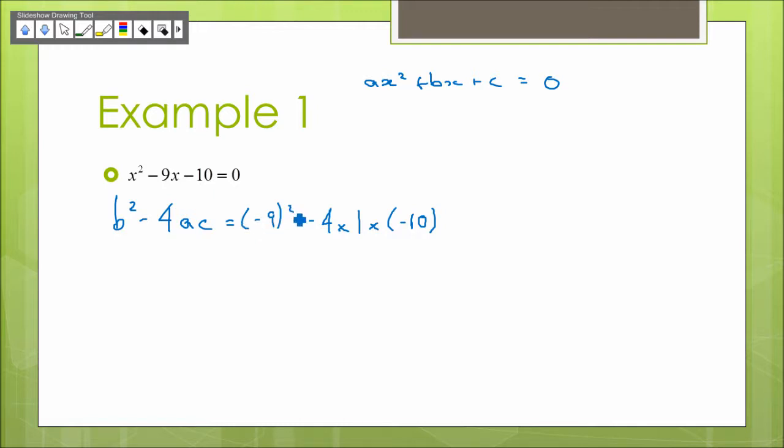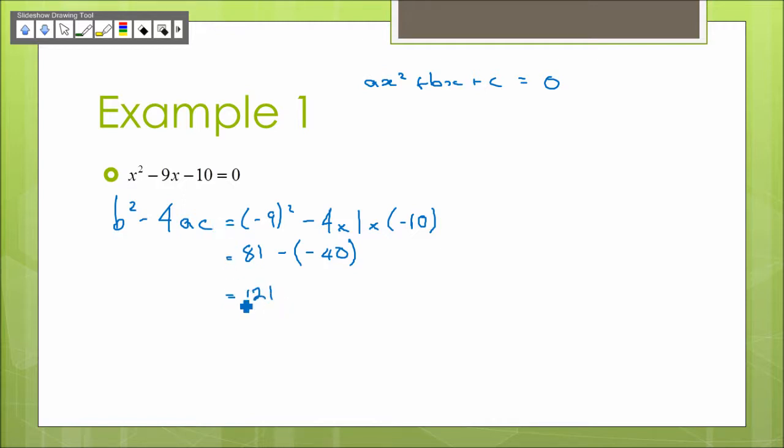If you are squaring a negative number and you do not put brackets around it, your calculator will give you an incorrect answer. The square of minus 9 is actually positive 81. If you don't put brackets, your calculator will tell you it's minus 81, an incorrect answer. So this becomes 81 minus, well, 4 times 1 is 4, times minus 10 is negative 40, which gives us an answer of 121.